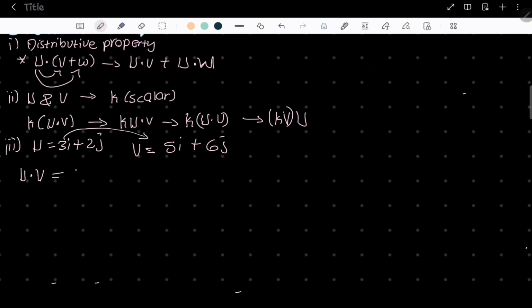So 3 times 5 is 15i plus 2 times 6 is 12j. Then once we find this, i and j must be removed. Then we add this 15 and 12 to get 27. So that's how we find the dot product of unit vectors in this form.